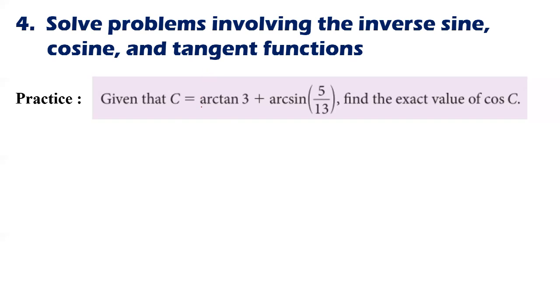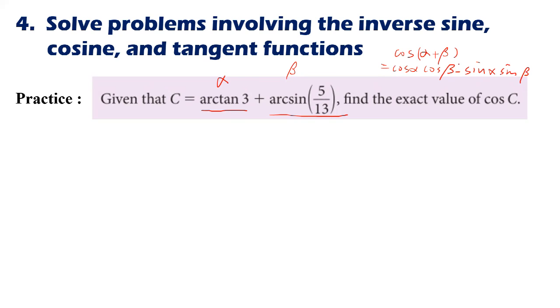All right, so basically C is a sum of two angles. We want to calculate the cosine value of C. That means we want to calculate the cosine value of the sum of two angles, so we can consider using the compound angle formula. If you denote the first angle as alpha and the second angle as beta, we want to calculate cosine of alpha plus beta, which is cosine alpha cosine beta minus sine alpha sine beta.